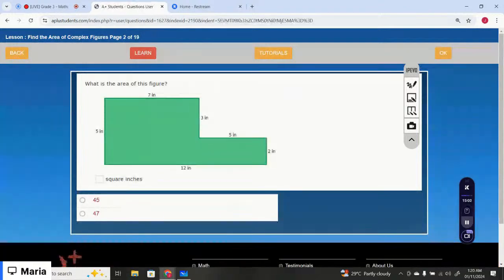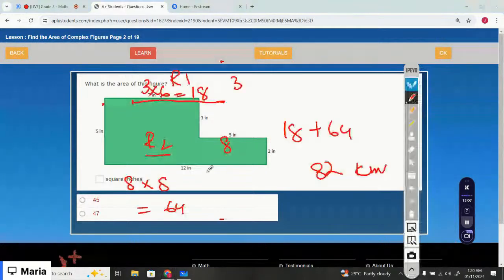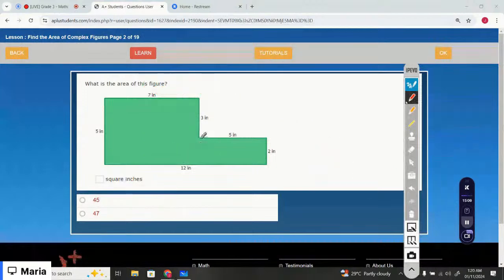What is the area of this figure? Let's just divide this figure into two smaller figures and then calculate the area of the two smaller figures, right? So I divided like this, right? So the length of this one is 5, that is rectangle 1, and that is rectangle 2. So for this rectangle, the length is 5 and the width is 7. So 5 times 7 is 35. And for R2, the length is 2 and the width is 5.